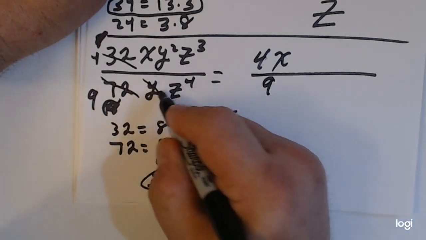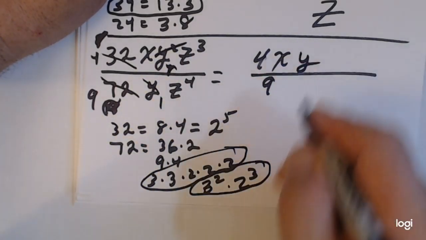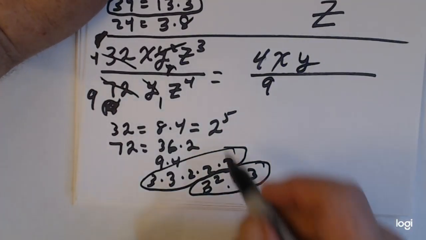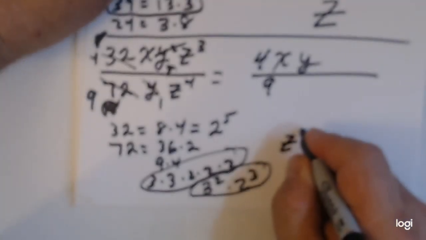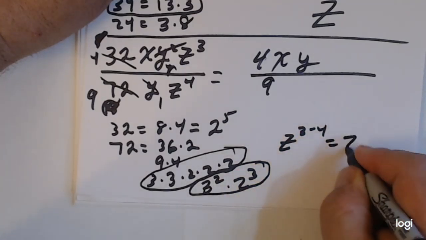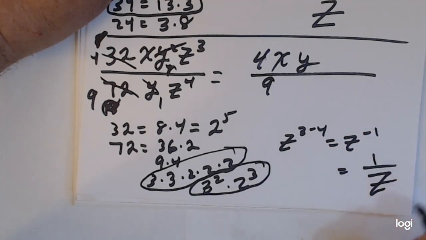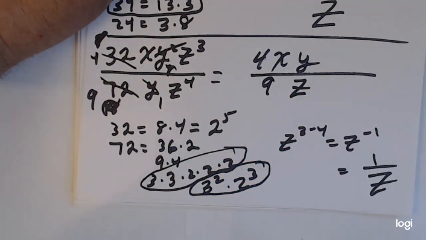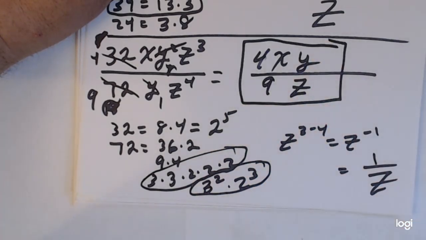Well, y goes into itself once and into y squared y times, so we wind up with a y here. And then z cubed over z to the fourth is z to the 3 minus 4, which is z to the negative 1, which is 1 over z. So we're going to put that z down here. So there's our solution, 4xy over 9z.